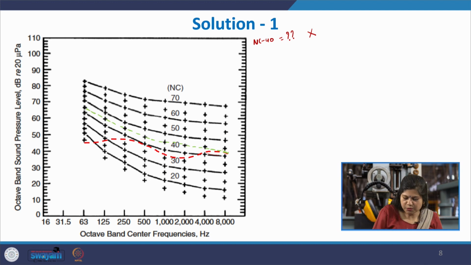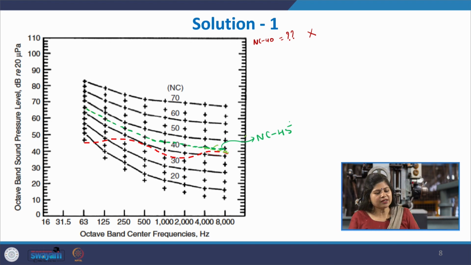This is a curve between 40 and 50, an NC 45 curve, which follows the same pattern as the rest of the NC curves and passes at 1000 Hertz through 45 decibels. Okay. So, you join all the plus points here to get that NC curve. So, this becomes your NC 45 curve.